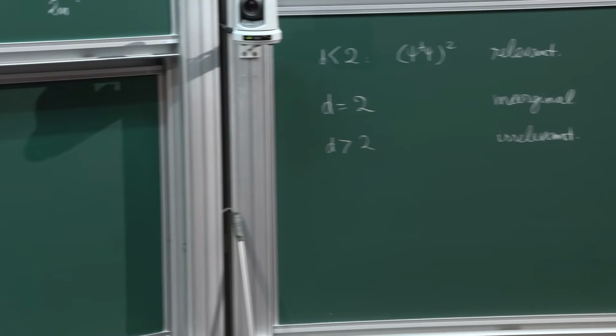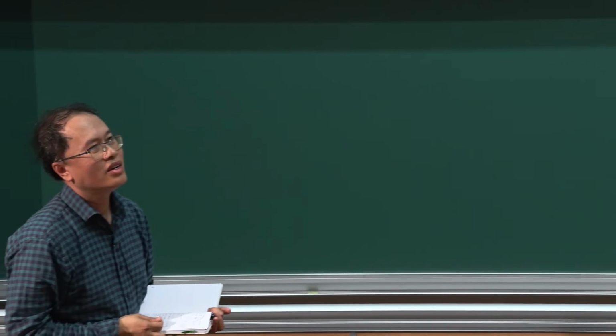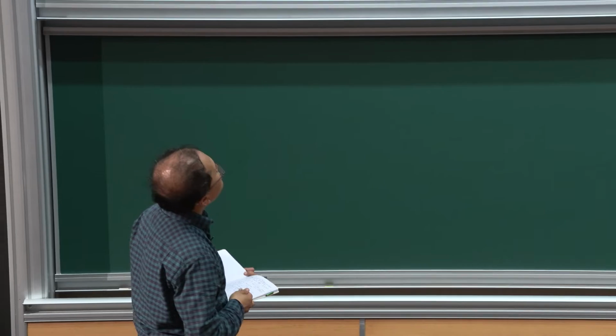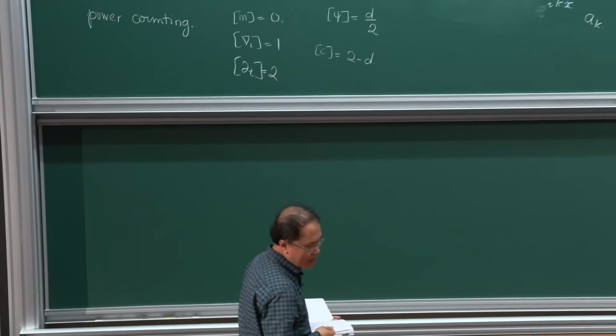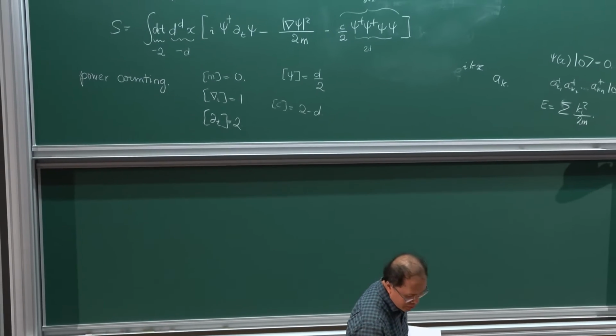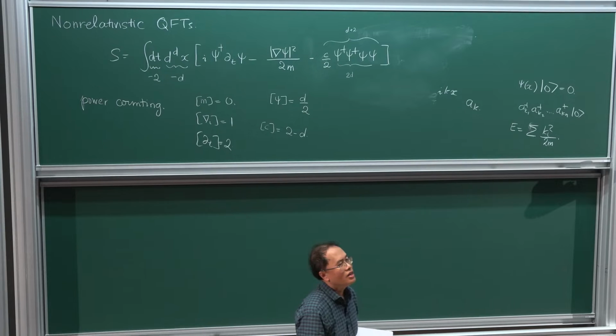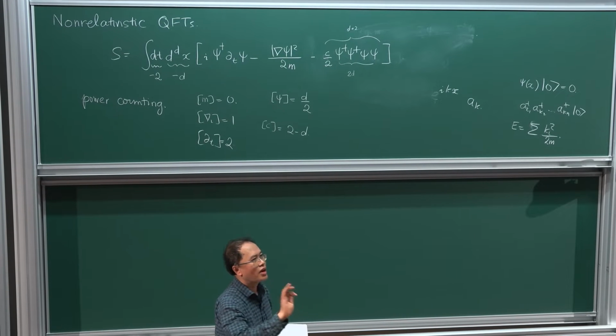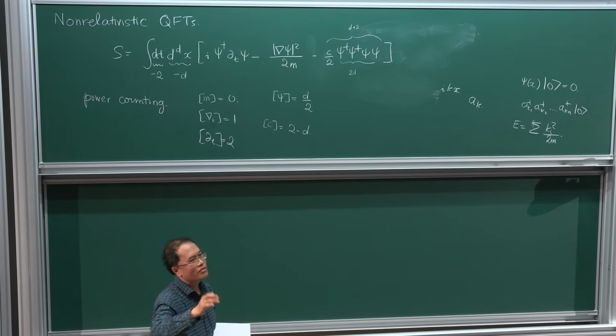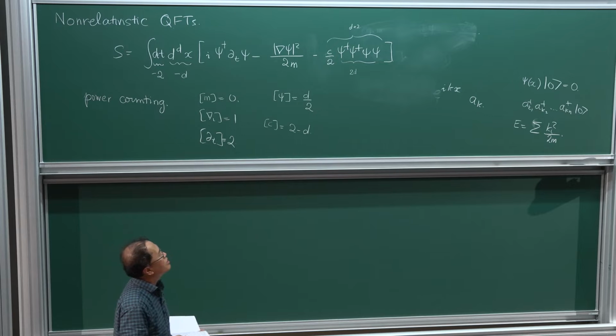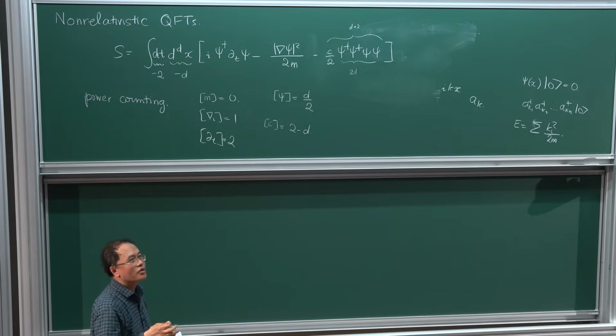Any questions so far? Yeah. Could you explain why the mass is dimensionless? Running ahead, at some point we will talk about the Galilean symmetry of the theory. We'll see that m is just a parameter that is fixed in the Galilean transformation. That means that m cannot be renormalized.